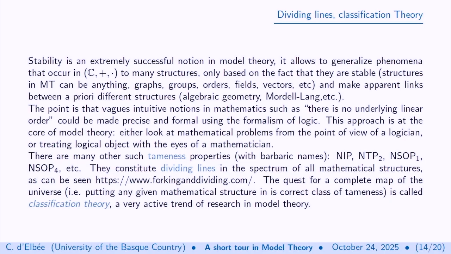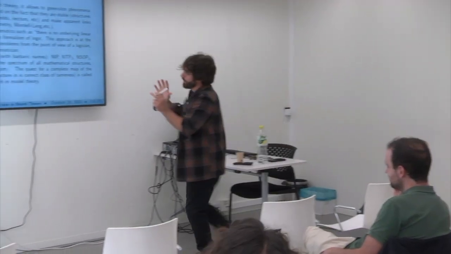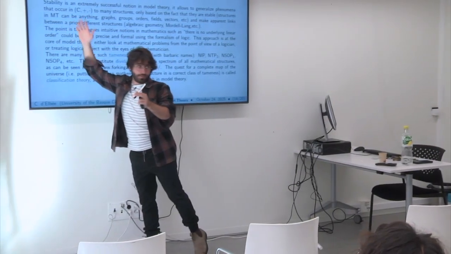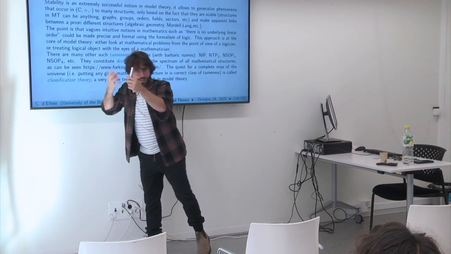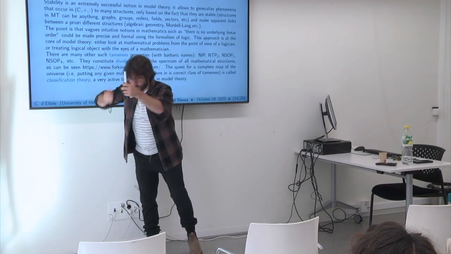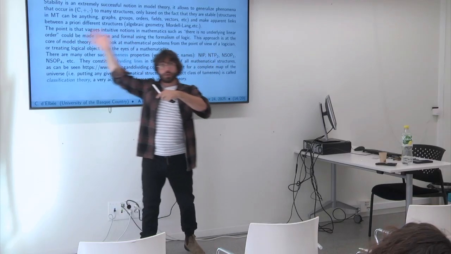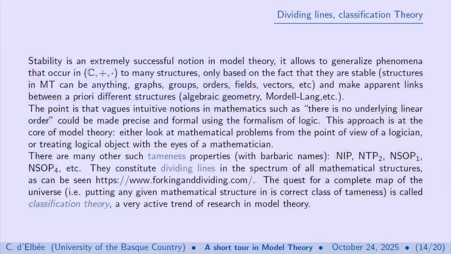And why stability was so successful is because it was a very nice way of coining the nice behavior of this algebraic geometric thing, but being able to transfer it to anything which is stable. So not only on these sort of numbers, but also on some set of functions, or graphs, or other contexts in which people were not expecting that there is similarity. Right. It makes apparent links between a priori different structures.